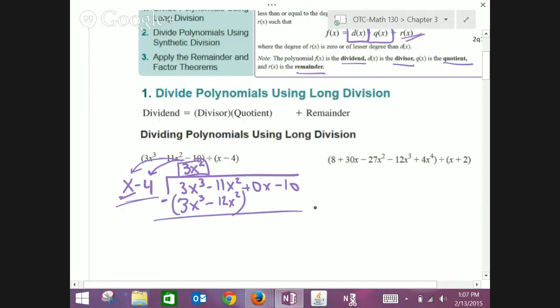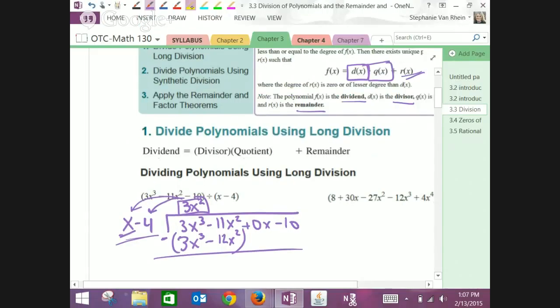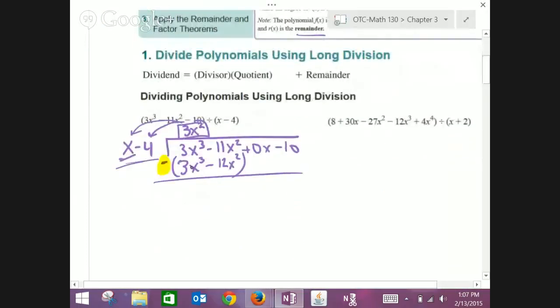Then I subtract them, and that's important. I want to subtract them so that this goes away to 0. So what's minus 11x squared minus minus 12x squared? Positive x squared.